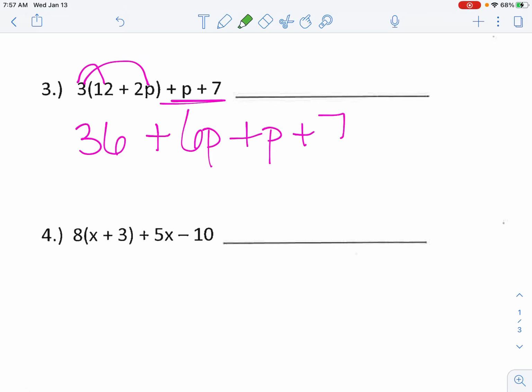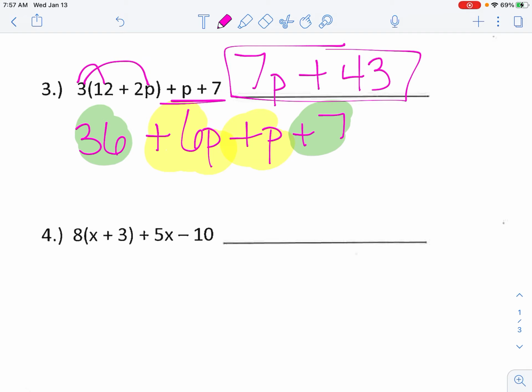After you distribute, look for like terms that you can combine. So we can add 6p plus p, that's 7p. And we can combine 36 plus 7. Final answer, 7p plus 43.